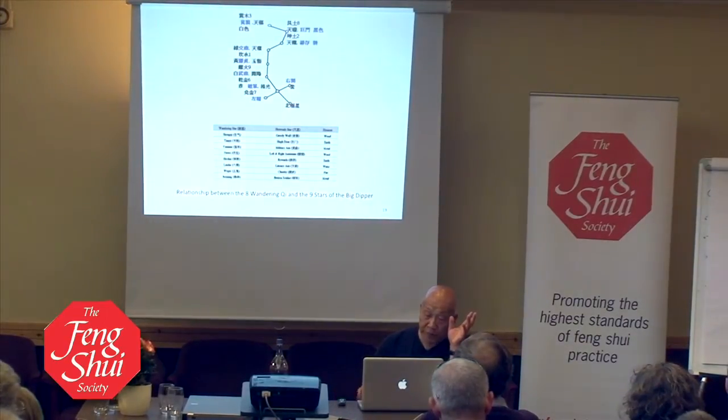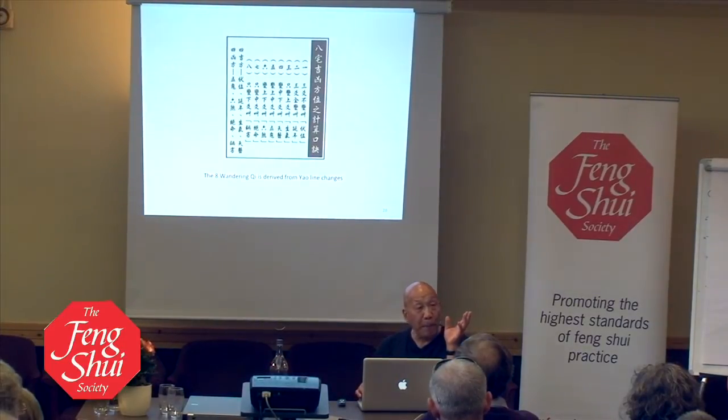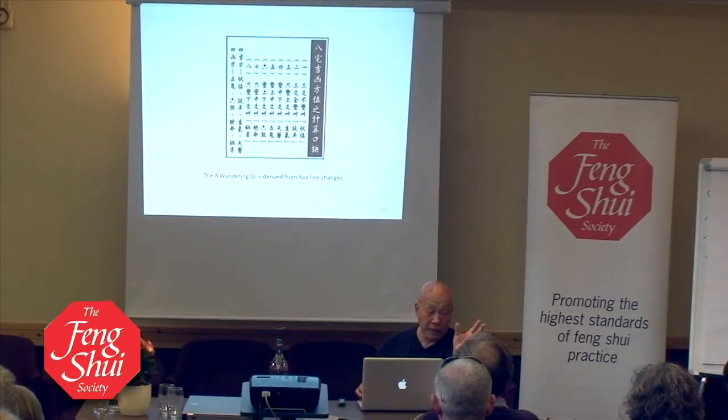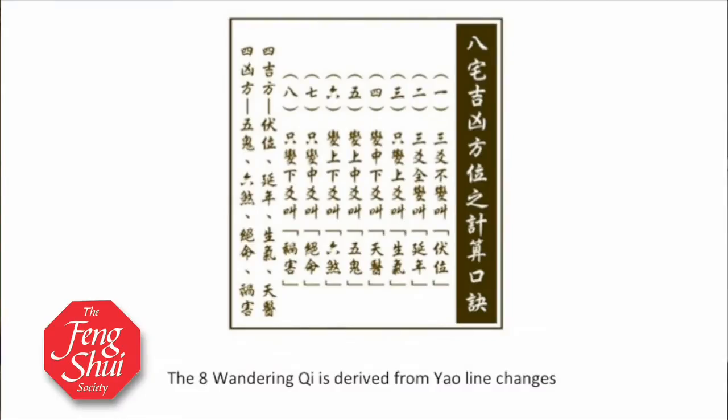But in actual fact, the way these wandering qi are organized is basically using yao line changes, changing of the yao line. So if you don't change any of the yao line, it's the fu wei, the beginning, the reference point.